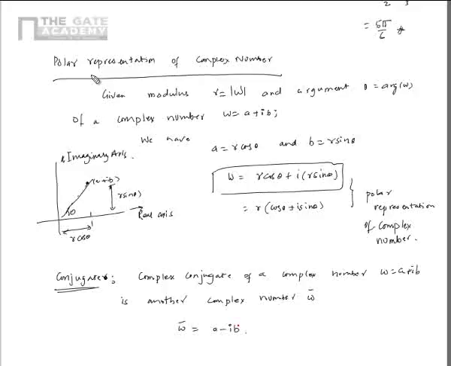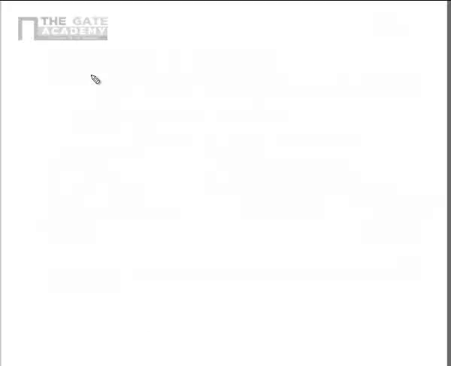Okay, so what it physically means, let's see. In the Argand plane, let's plot a plus ib, and this is the point which represents a plus ib. This is the real axis, this is the imaginary axis.